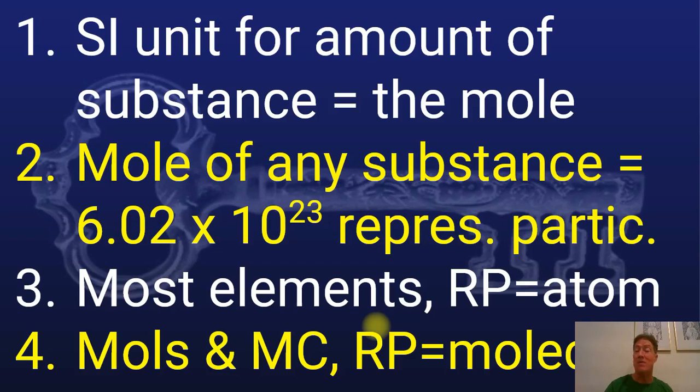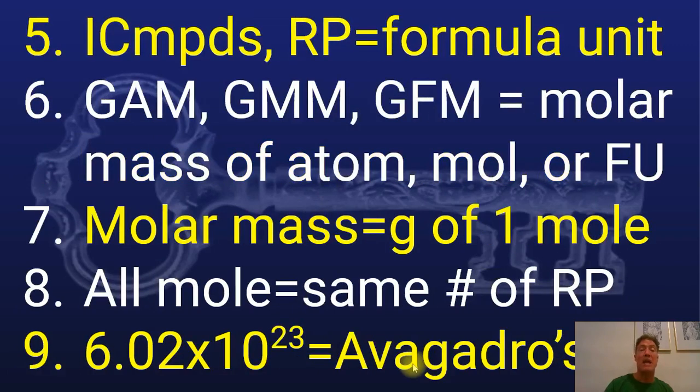We have 7 diatomic molecules that we count as molecules. When we go to molecular compounds, the representative unit is going to be the molecule. And when it comes to ionic compounds, the representative particle is going to be the formula unit, the lowest whole number ratio of positive and negative ions that make up that giant crystalline array.